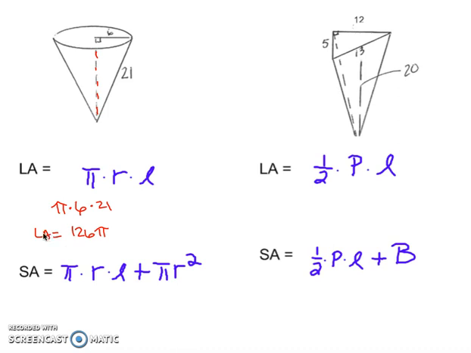And since we are still finding area, it would still be units squared. So our surface area is just our lateral area, so that's the area around the cone, which we figured out to be 126 pi.